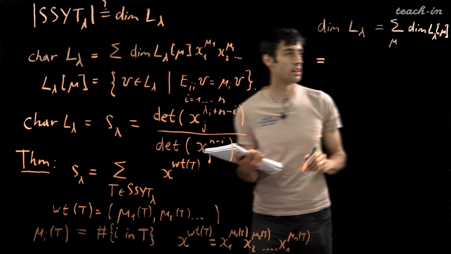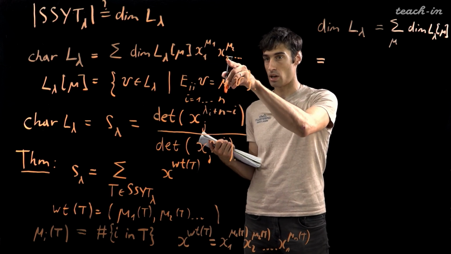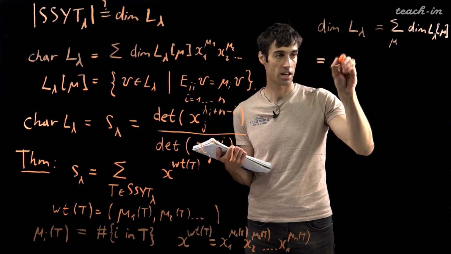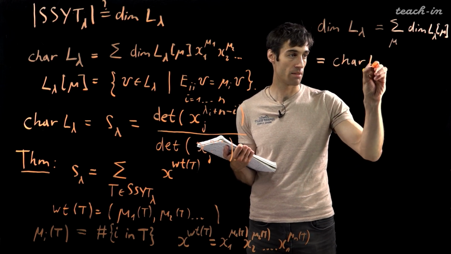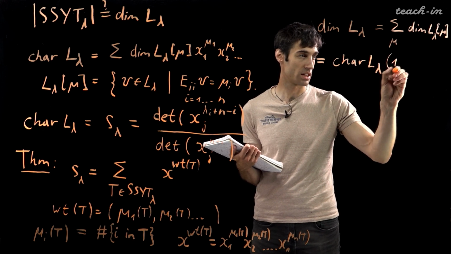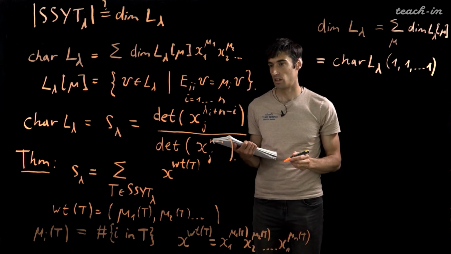And for this you just need to put x1, x2, all x's to be 1, right? So this is the character of L lambda where you put all x's equal to 1.